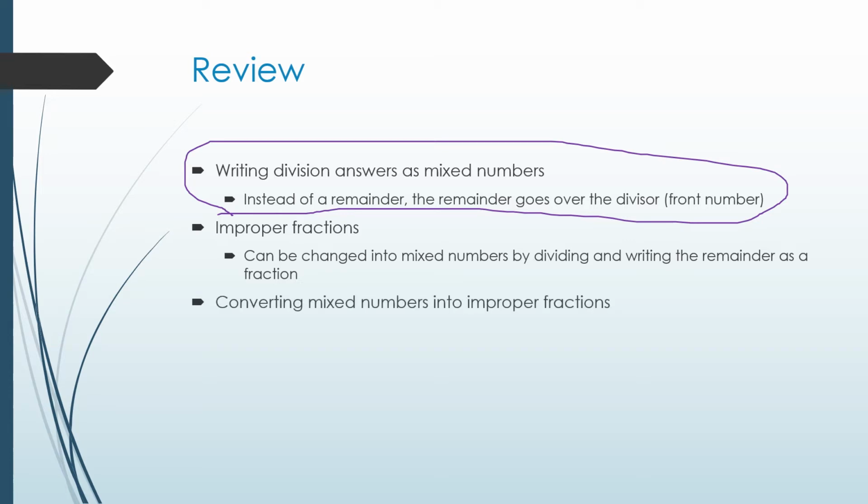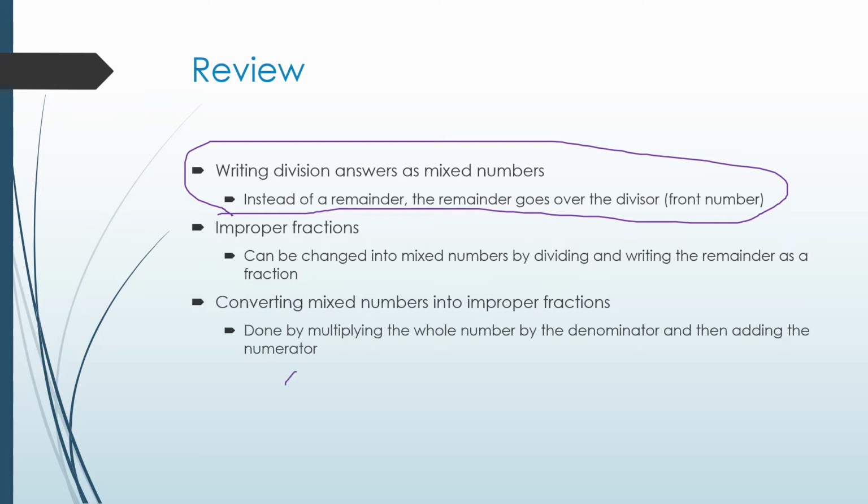And converting mixed numbers into improper fractions, going back the other way, we multiply the whole number in front by the denominator and then add the numerator. So remember, if you had like 5 2/3, you're going to multiply these two numbers, and then whatever answer you get, you're going to add the top number, the numerator, and then you keep the same denominator in your answer.